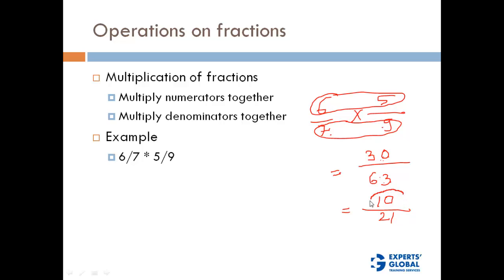So there is no common factor. So in the purest form, this is the answer. Let's quickly review multiplication of fractions. Multiply numerators together, multiply denominators together. So 6 by 7 into 5 by 9 is 6 into 5 divided by 7 into 9, which is 30 by 63, which is 10 by 21.